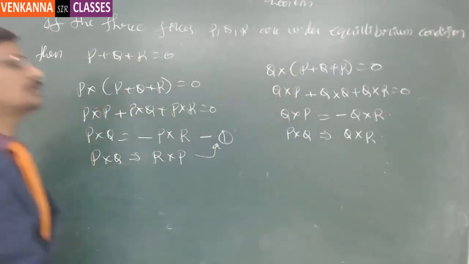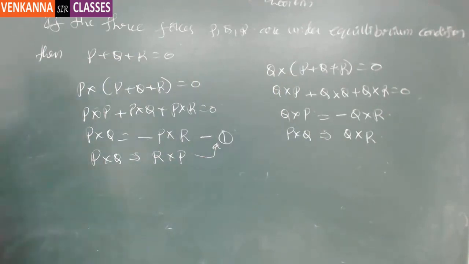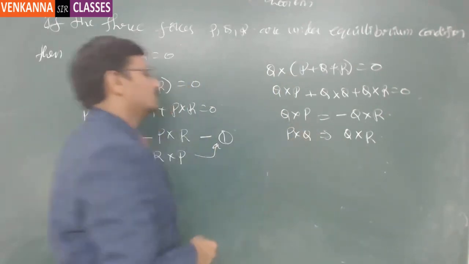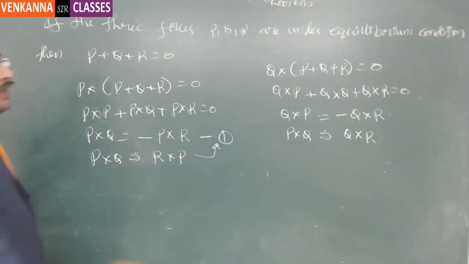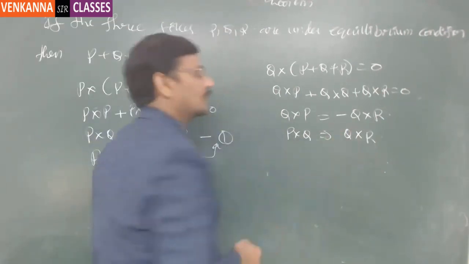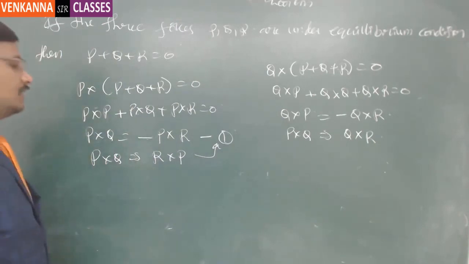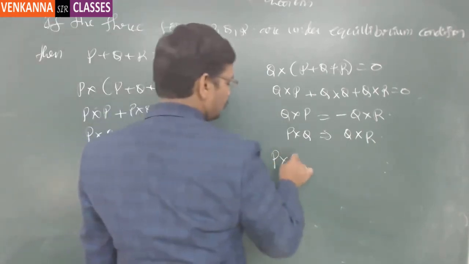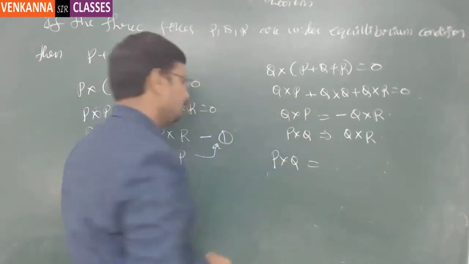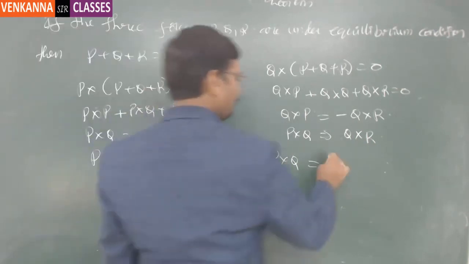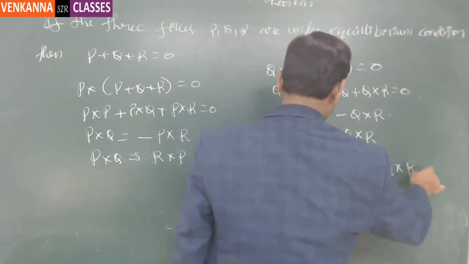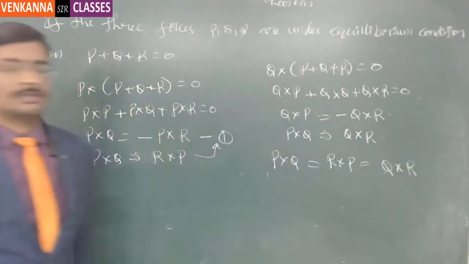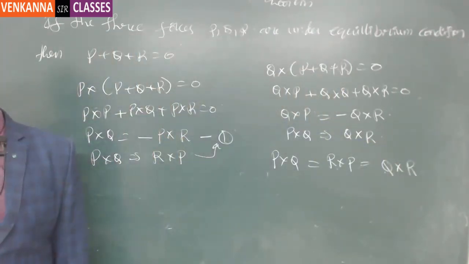So P cross Q is equal to Q cross R. I have taken the opposite sign for one. So from this, P cross Q is equal to R cross P, and here P cross Q is equal to Q cross R. So from all three relations you can write P cross Q is equal to R cross P is equal to Q cross R. This is how you can write it.